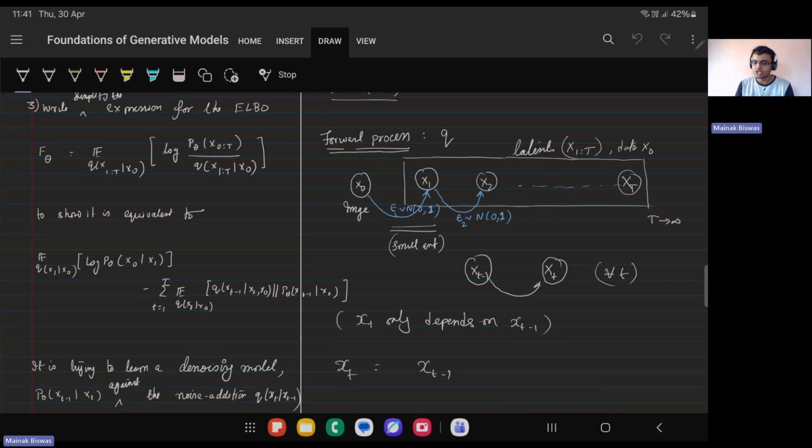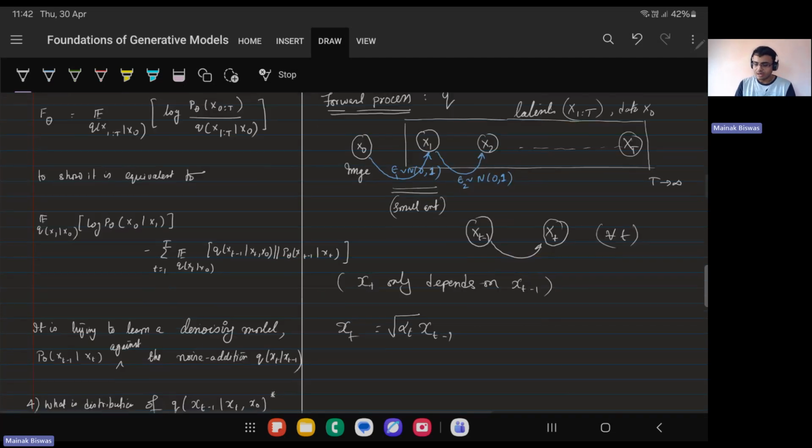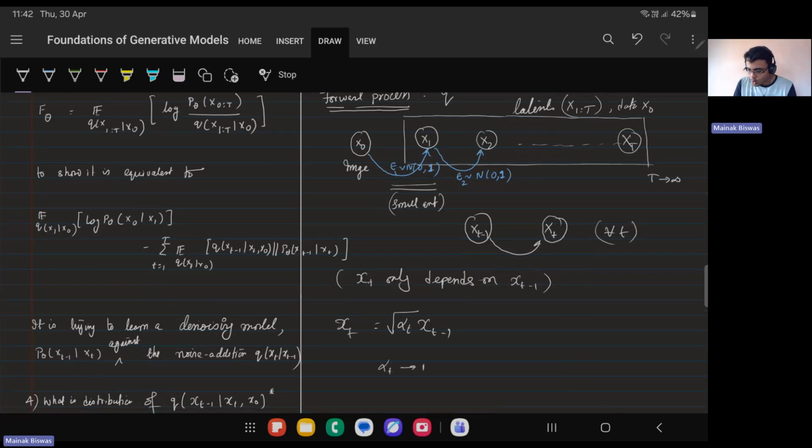I will have the original image and I will add a small amount of noise. So how will I do that? I'll do that by weighing it with alpha t, where alpha t is tending to 1, say 0.99, for example, 0.999, and I'll add a small amount of noise. How do I do that? 1 minus alpha t into epsilon, which is sampled from normal 0-1.